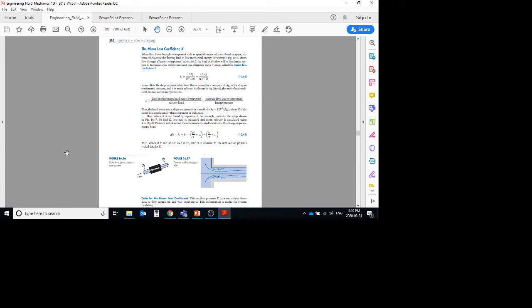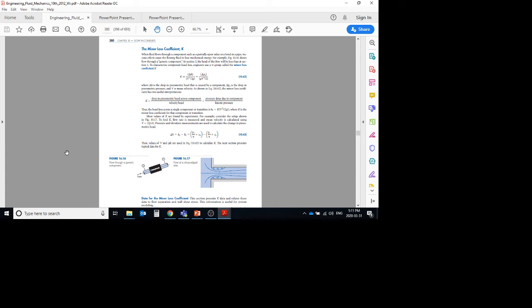Now, minor loss coefficient, or K. So head loss of a pipeline is for the straight pipeline. What about if your pipeline has some joints, parts, components like elbows, valves?